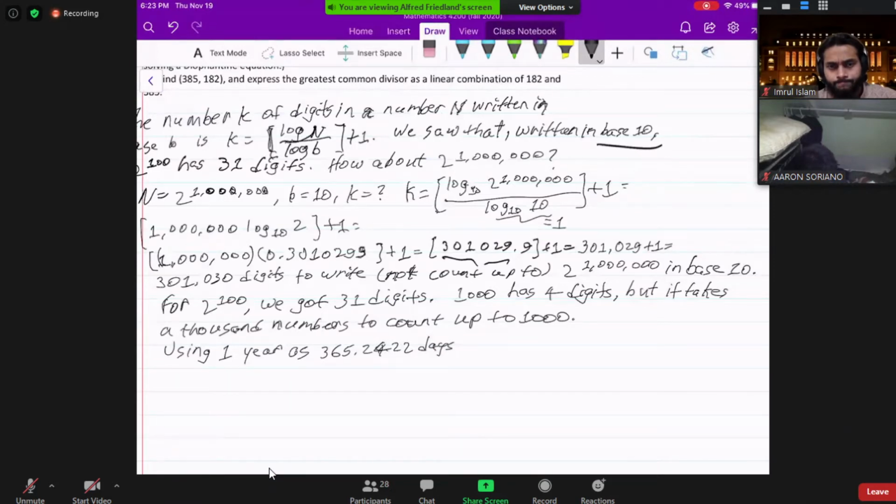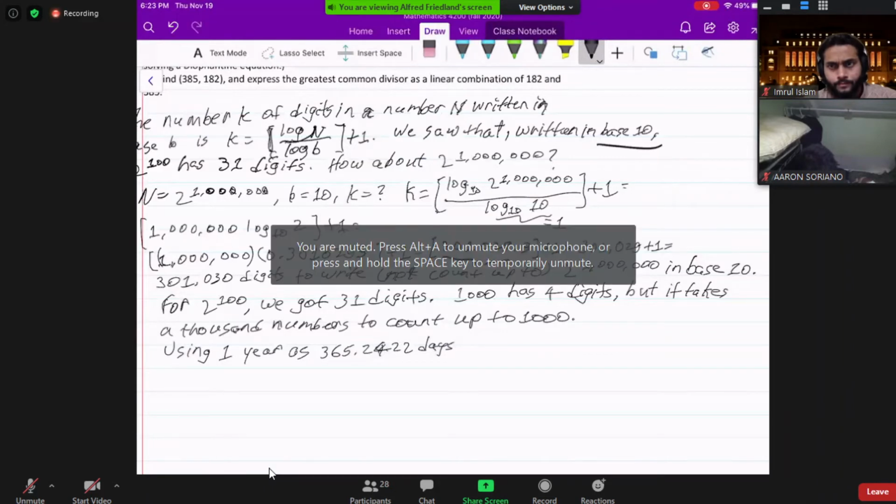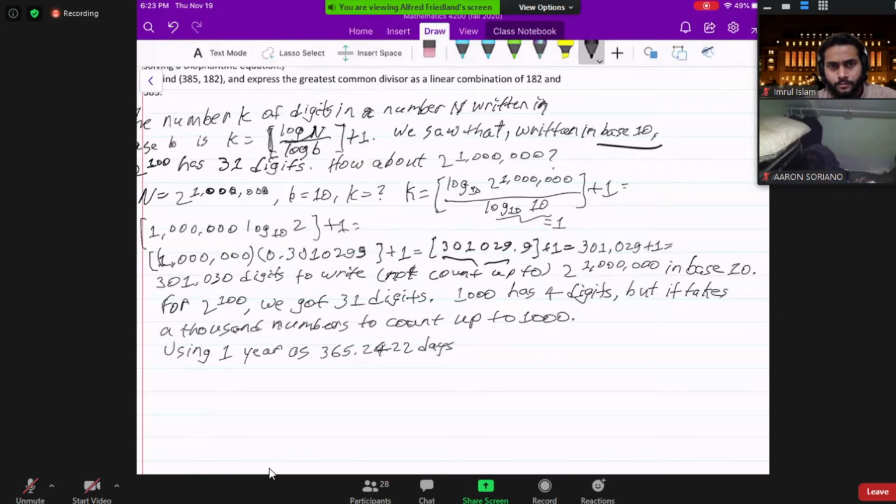So eventually, a leap year adjustment will have to be made. A leap year is a year divisible by 4, except if it's divisible by 100. So there have to be slight adjustments over long periods of time.